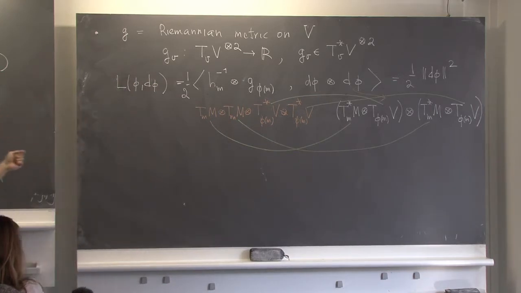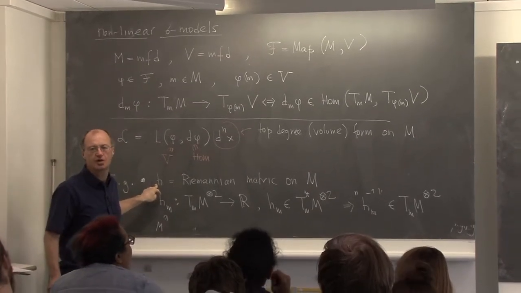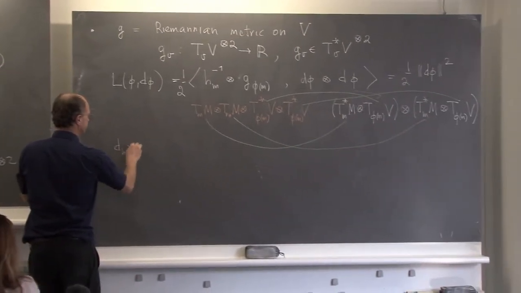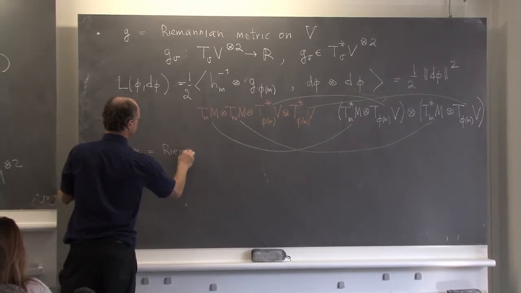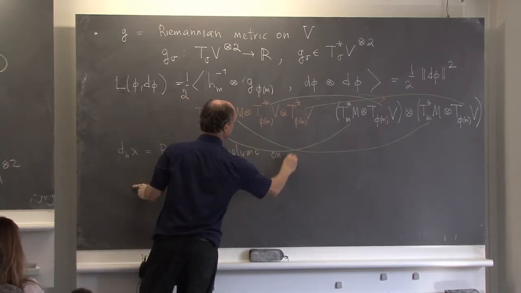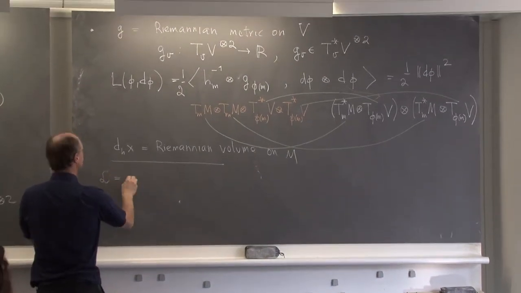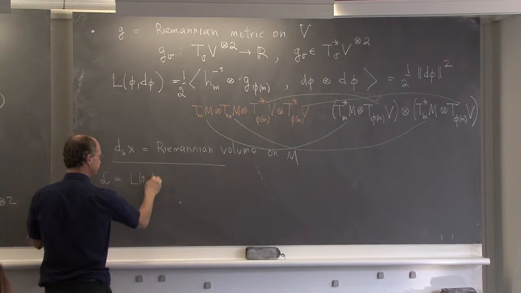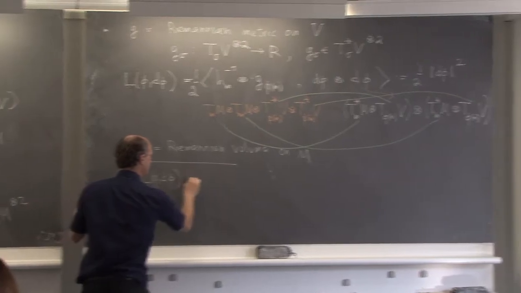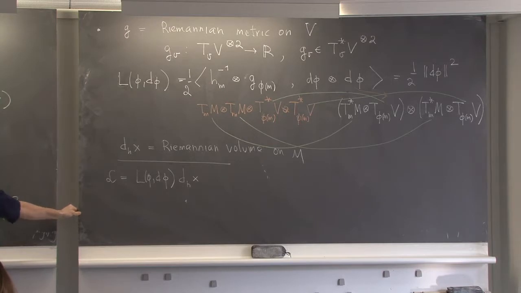And recall that since we have a Riemannian metric on M, we also have a canonical Riemannian volume element on M. So now we can use this expression L of phi, d phi as above and multiply it by this Riemannian volume element.